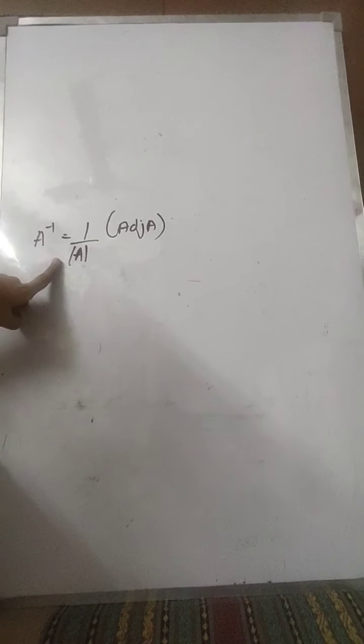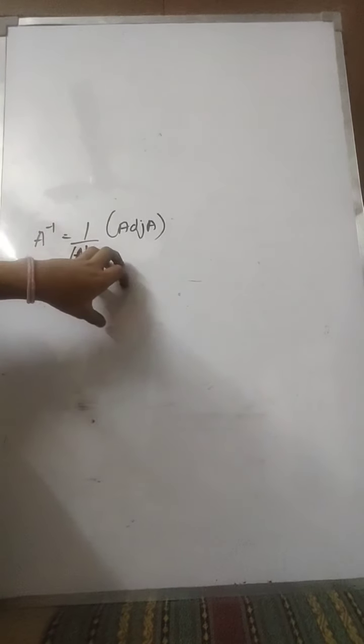Now as you know, we have just understood how to calculate adjoint A, and we have also understood how to calculate the determinant of A. So you just have to calculate adjoint A here, and then multiply its value. The answer that you receive is A inverse.